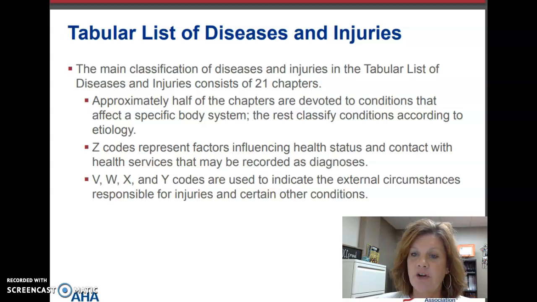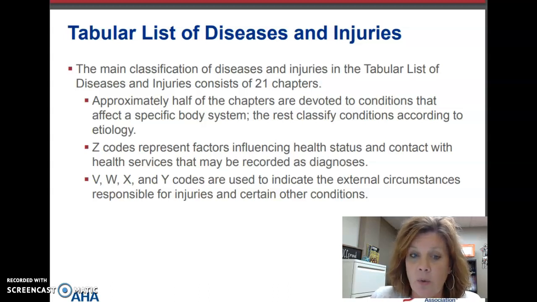Half the chapters here are devoted to conditions that affect a specific body system, and the rest are etiology. You have Z codes that begin with the letter Z. These are factors that influence health status and contact with health services. You have V, W, X, Y codes. These are external circumstances responsible for injuries. A good example: somebody goes up in a hot air balloon and that hot air balloon crashes.